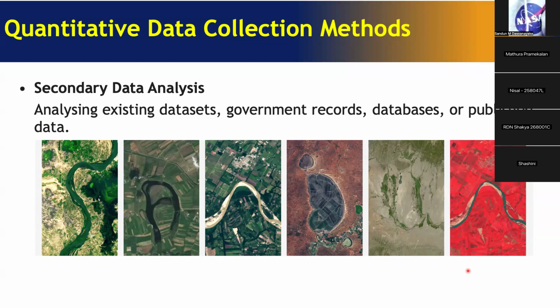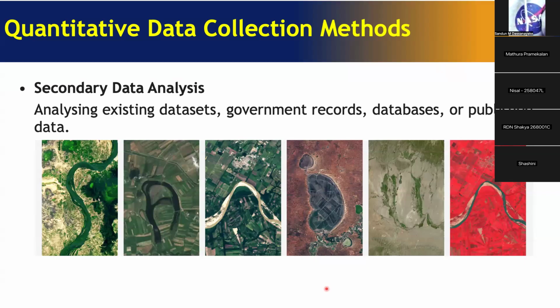You can see the name and the shapes of the name are naturally occurring shapes, but these are images taken from satellite. So just remember that secondary data means using whatever existing data sets, government records, databases, or published data, even research themselves.